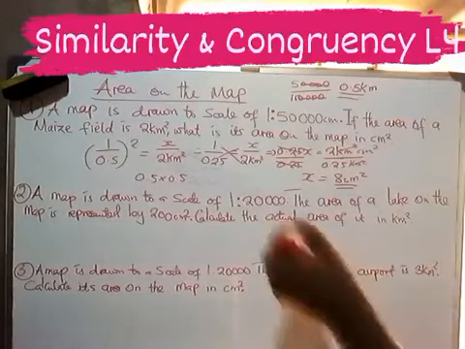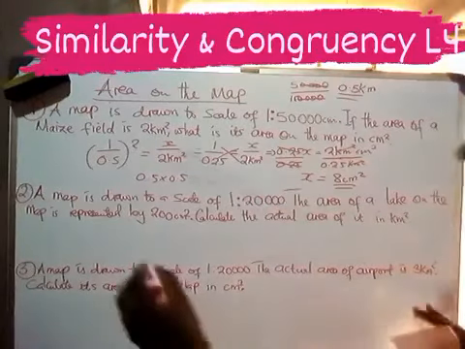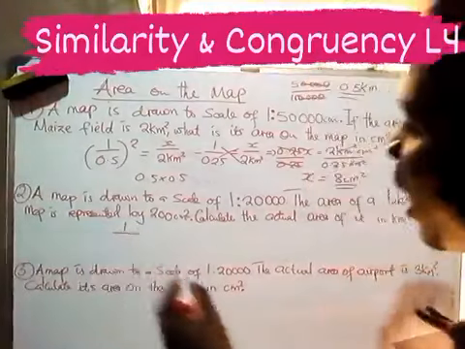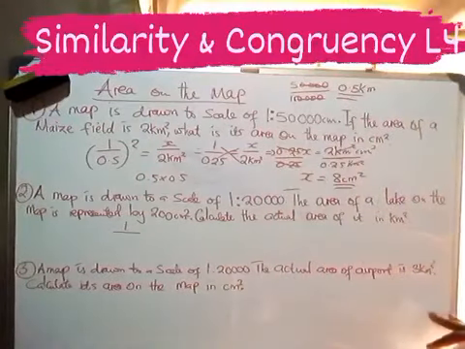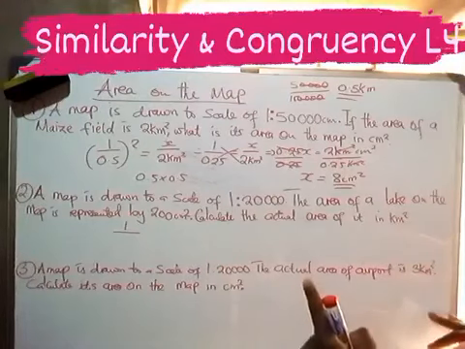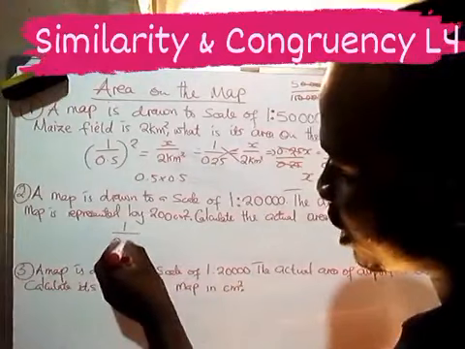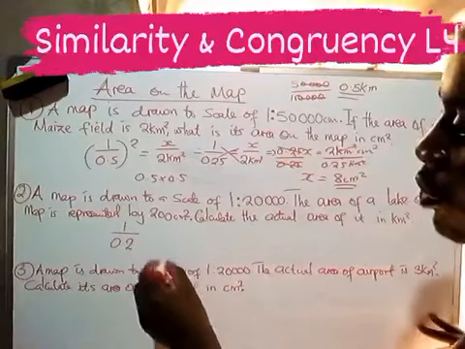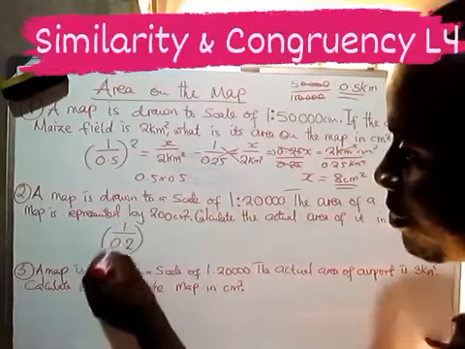So as usual, we convert the scale into kilometers. We are going to have 1 over 20,000 divided by 100, meaning we remain with 2 on top over 10, which is the same as 0.2.